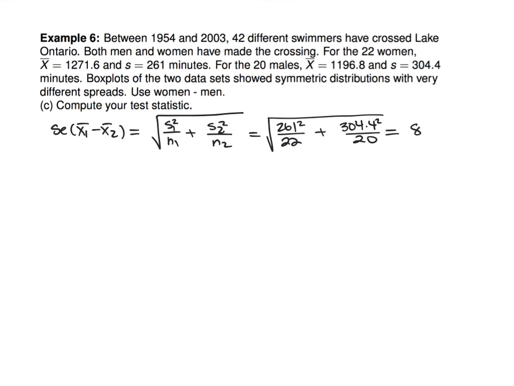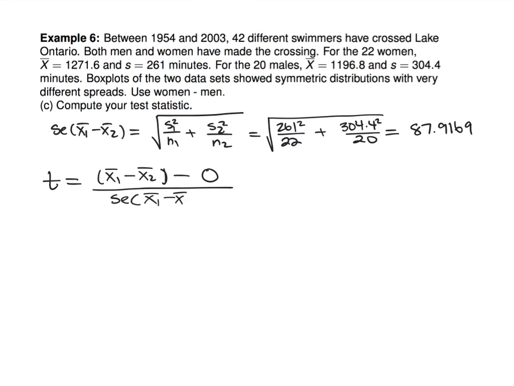This comes out to be 87.9169. Now our test statistic is a t. This will be x1 bar minus x2 bar minus the null value, which is 0, over the standard error of x1 bar minus x2 bar.